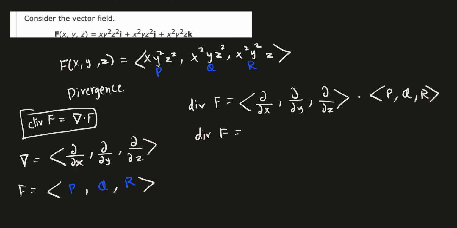Okay, let's do that. Partial with respect to x of P, which you can write as partial P, partial x, plus partial Q, partial y, plus partial R, partial z. This is actually the formula.